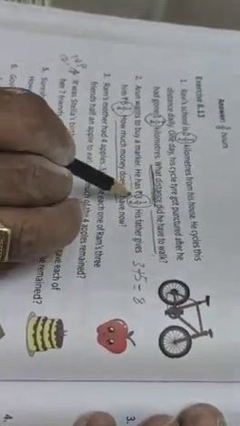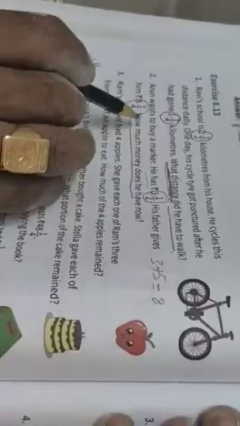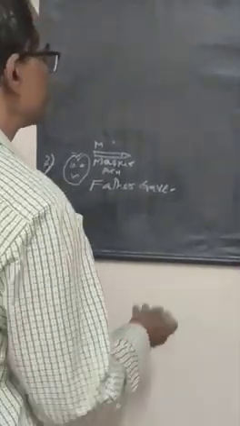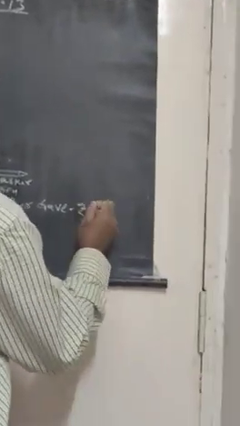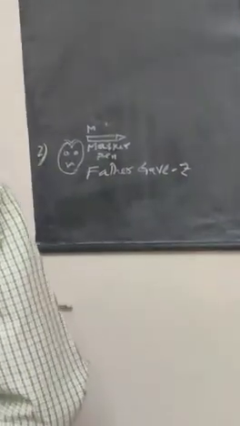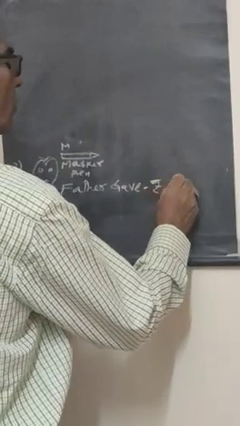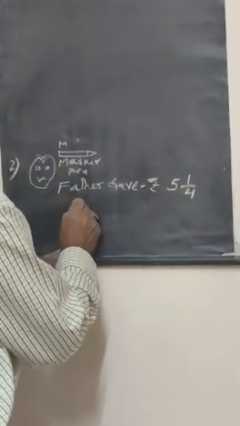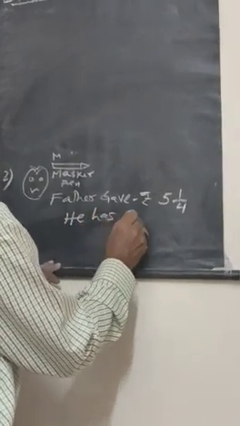So we can do it as usual. We take out 3 and 5 outside, and then we add the fractional numbers. Okay, let us see. So father gave rupees 5 integer 1 by 4, and already he has how much?